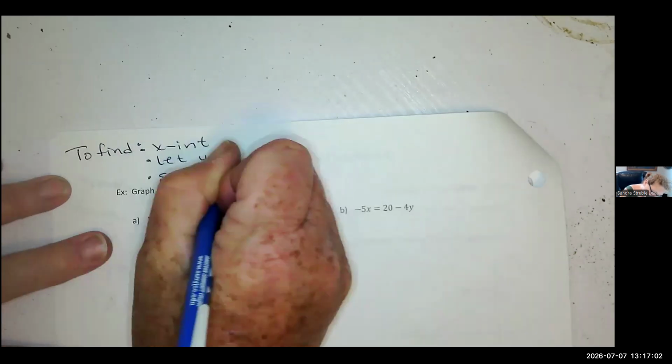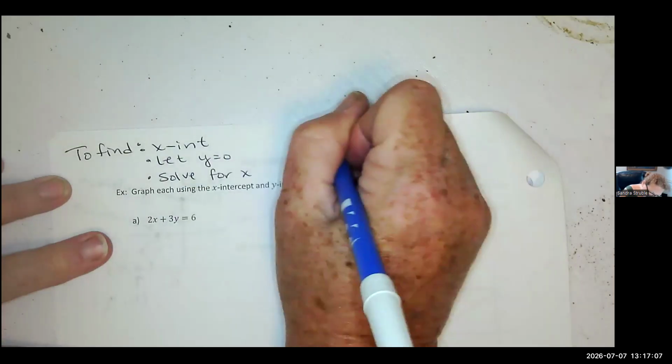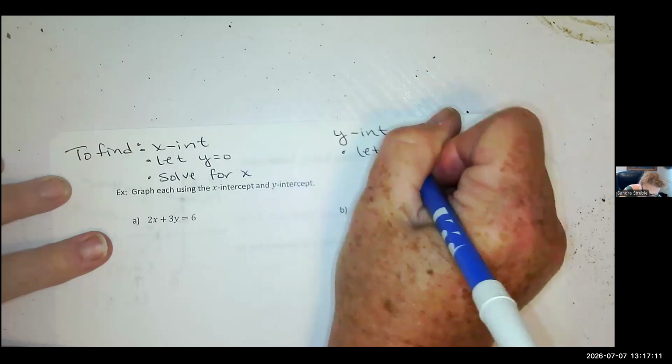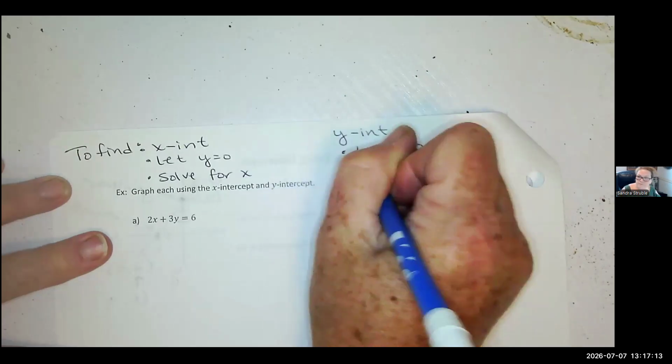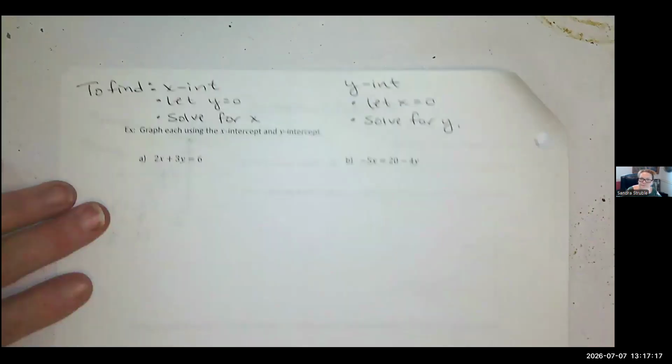To find the y-intercept, you let x equal 0 and you solve for y. That's it. Make sure that's on your note card.